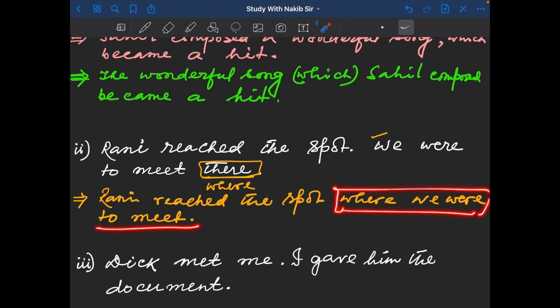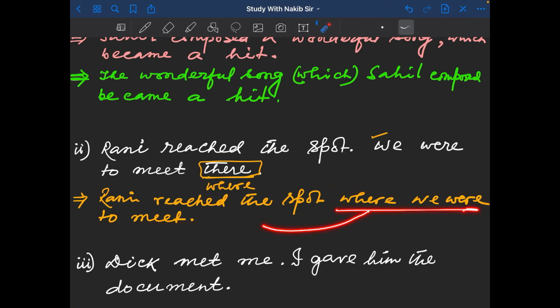This is the adjective clause. This is the adjective clause qualifying the noun, the spot, antecedent. So it is a subordinate adjective clause. This restrictive relative clause qualifying its antecedent, the spot. So your combined sentence is Rani reached the spot where we were to meet. Okay. Next question.